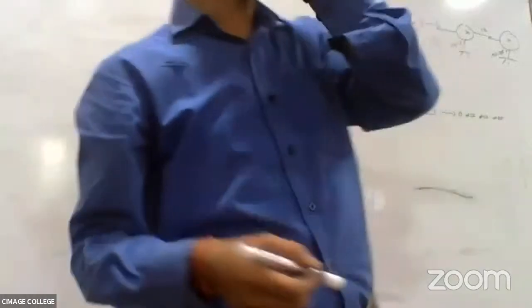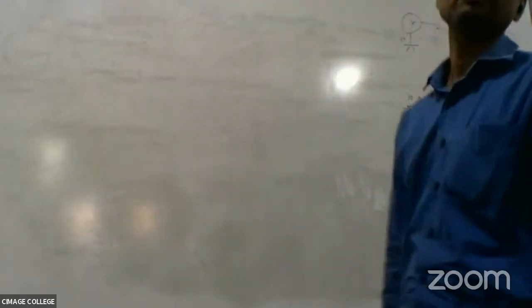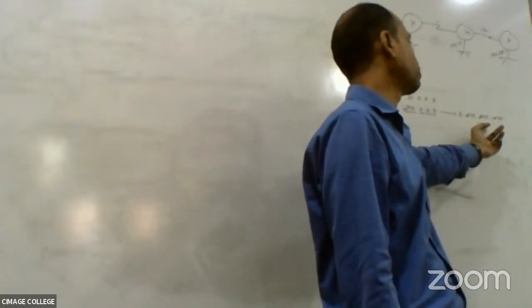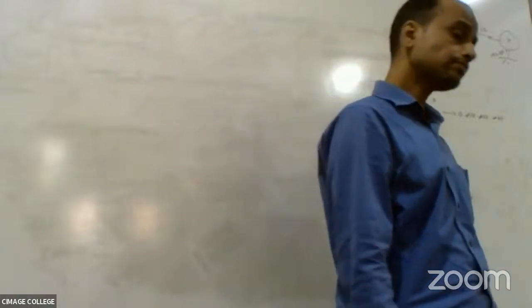Actually, in this wildcard mask, we change the value of network bits and host bits. Network bits are represented by 1 and host bits are represented by 0. We just have to change 1 into 0 and 0 into 1. Then the wildcard mask for this network will be 0.255.255.255. Fine.